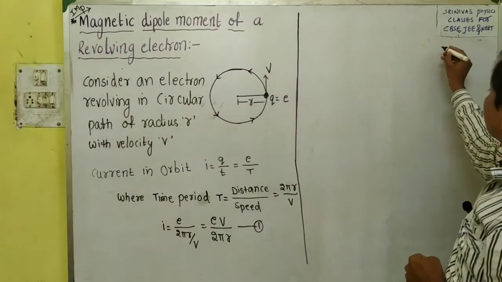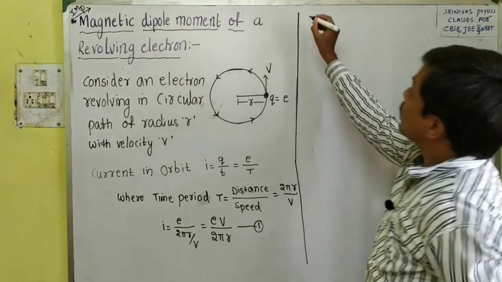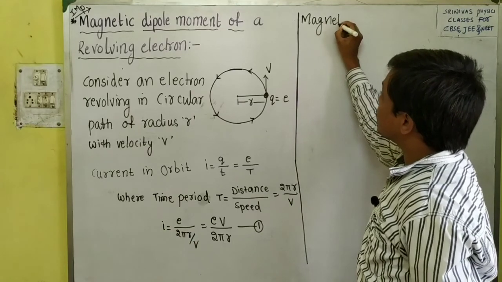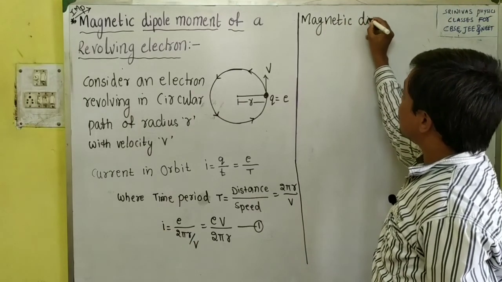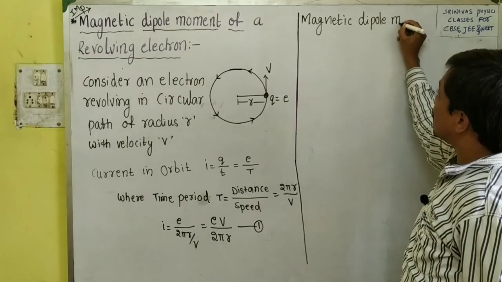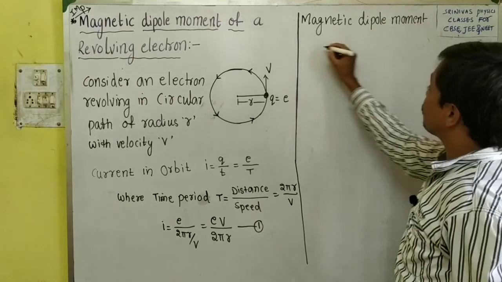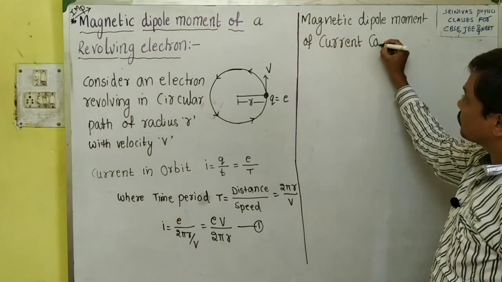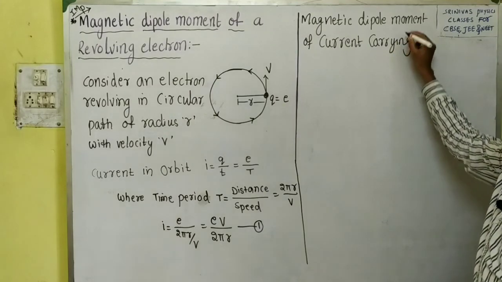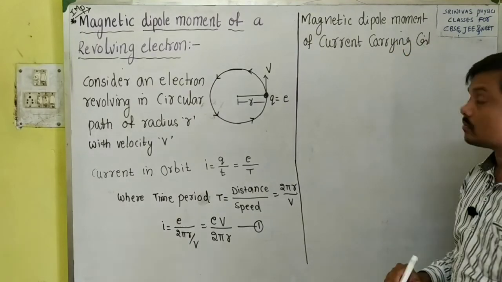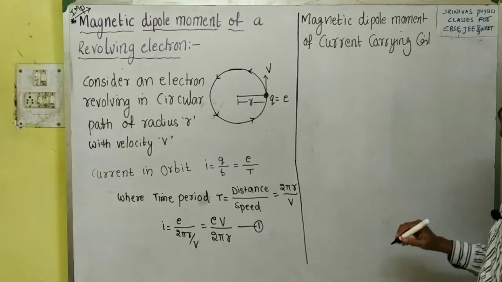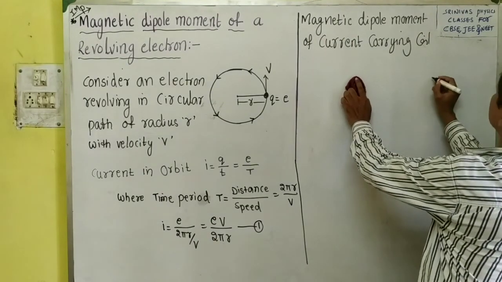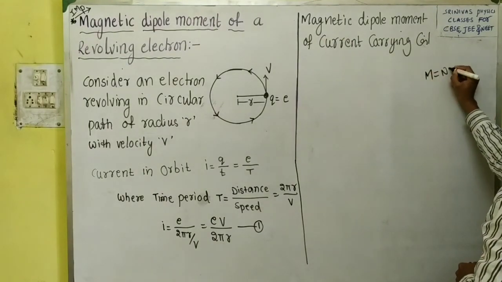We already know that for a current carrying coil, the magnetic dipole moment formula is NIA.